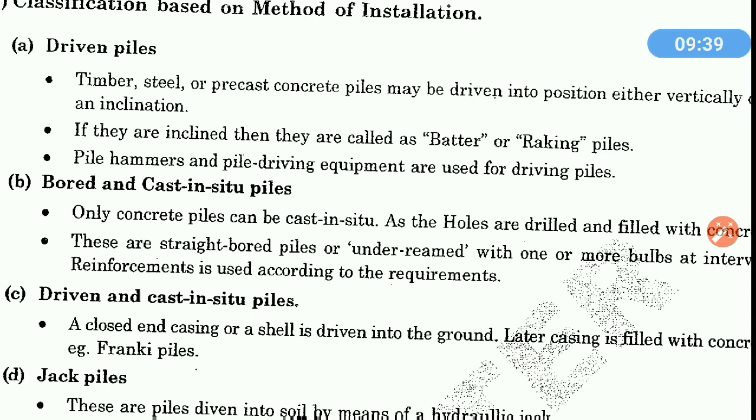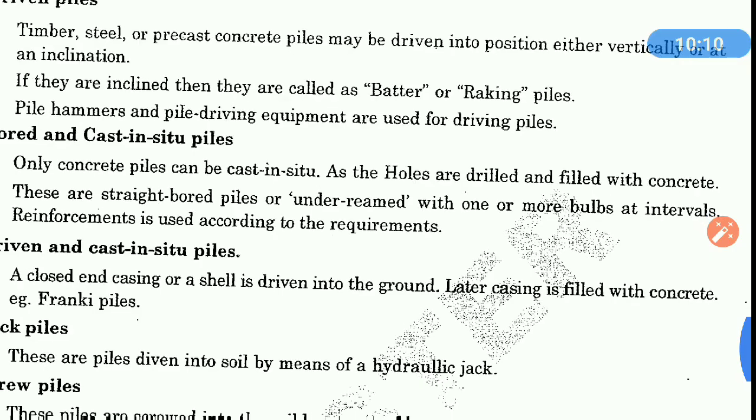In case of cast in situ piles, the whole required depth is dug, and then concrete is poured into that hole, and after it hardens, the further construction work is carried out. Only concrete pile can be cast in situ, as the hole is drilled and filled with the concrete.